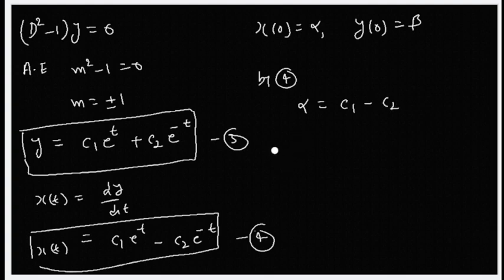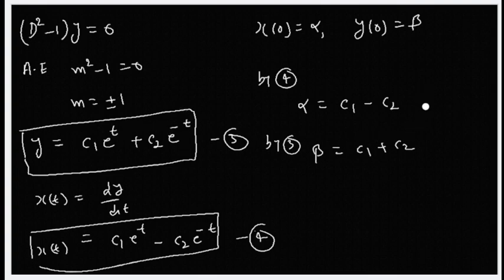Similarly from equation 3, y of 0 equal to beta, so beta equal to c1 plus c2.